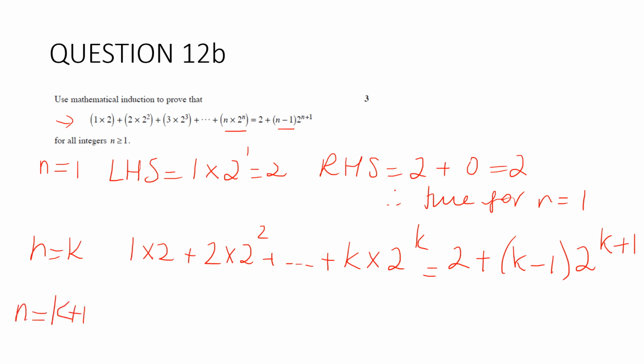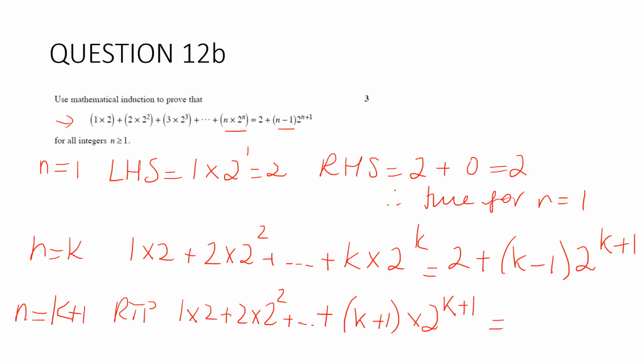So we're required to prove that 1 times 2 plus 2 times 2 squared plus ... plus k plus 1 times 2 to the k plus 1 is equal to 2 plus k plus 1 minus 1, so it's just k, times 2 to the k plus 2.